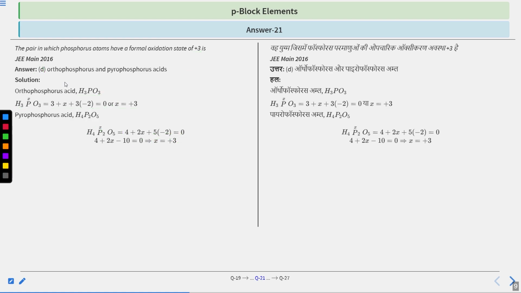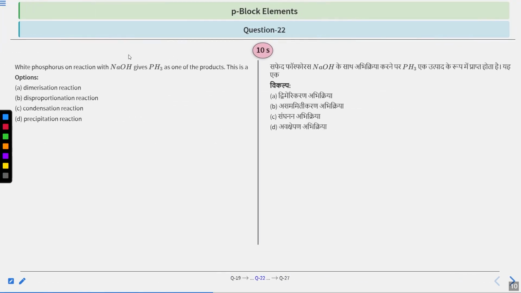Okay, let's move to the next question. Question number 22. White phosphorus on reaction with NaOH gives PH3 as one of the products. So we have given some explanation of a reaction, that if you react white phosphorus with the NaOH base, it will give PH3 as a product along with some other product.